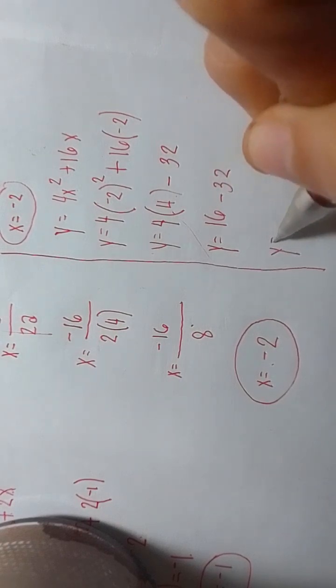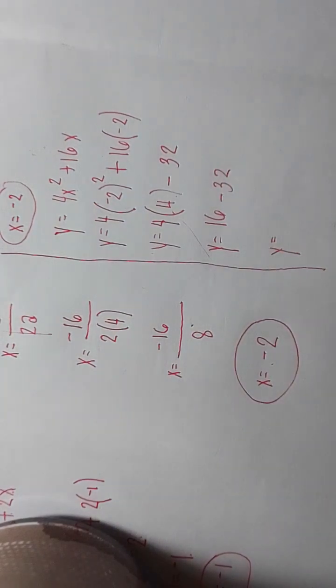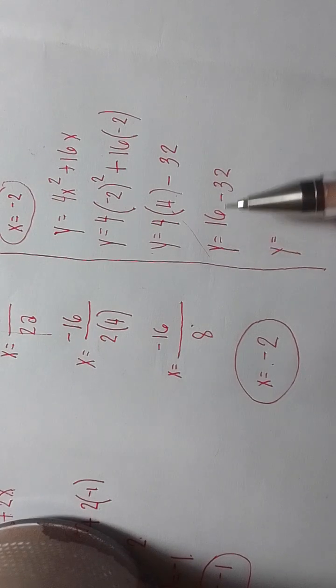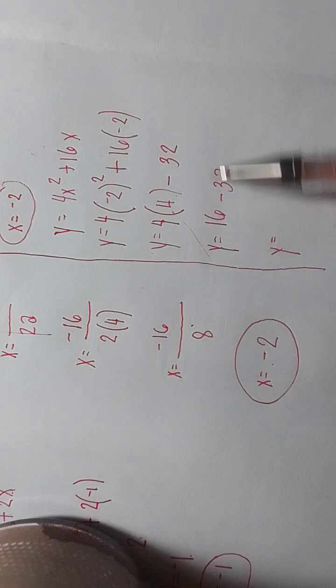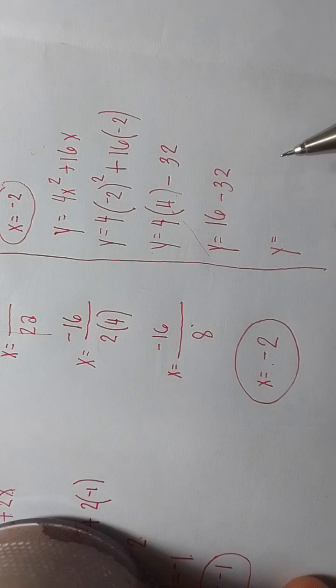Now, we can combine the remaining two terms, 16 and negative 32. In combining terms, please always remember that it's either add or subtract depending on the sign. Look at the sign of the given values. 16 is positive, 32 is negative. They don't have the same sign. So, since the signs are not the same, we subtract.